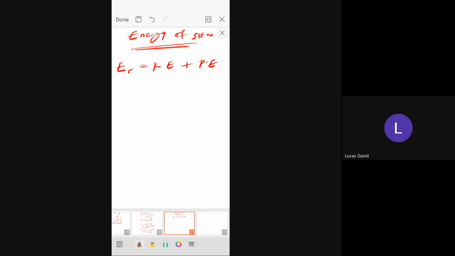And for a spiral spring with mass m suspended on a spring undergoing simple harmonic motion, the total energy can be given as follows.